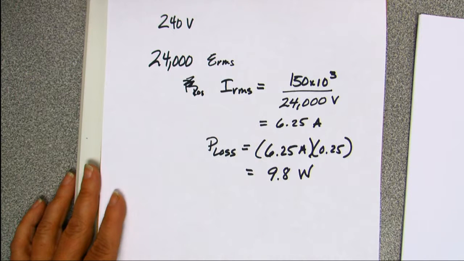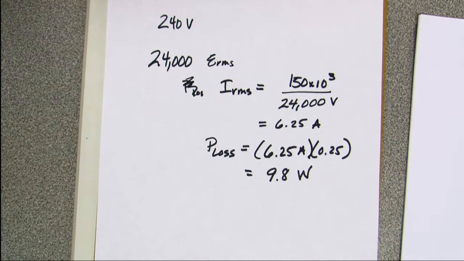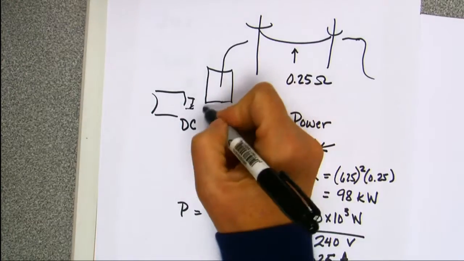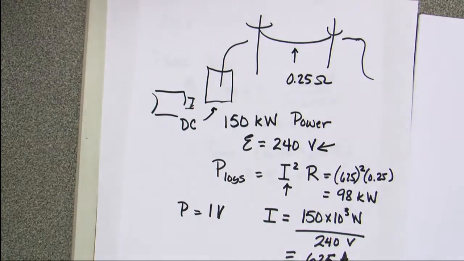And that's what Edison wanted to say, that it's dangerous. It's one of the reasons why power lines are so high up, so that people don't run into them. That's one of the things that we work with. But that means we have to have something that steps it up or steps it down, and that's our transformer. Okay?